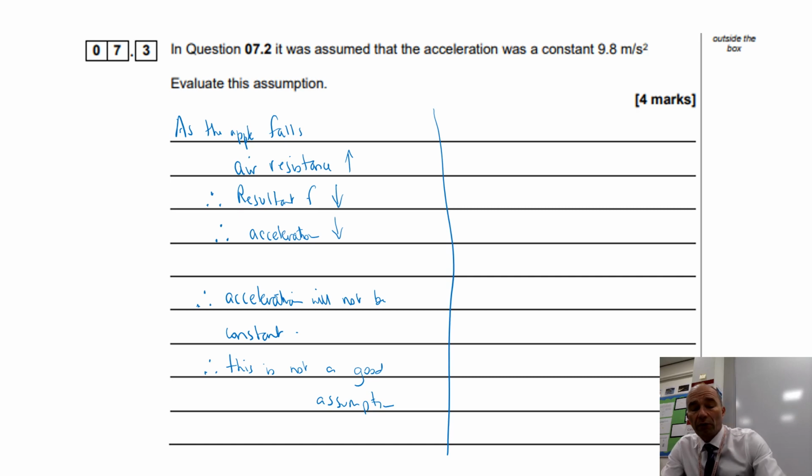You could go on the other side, where you think that it is a good assumption, because the apple only falls a short distance. So it means that air resistance is minimal or negligible, virtually zero.